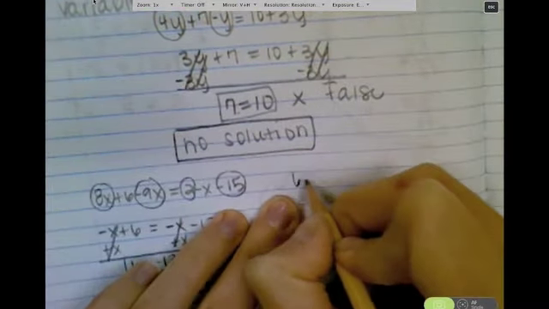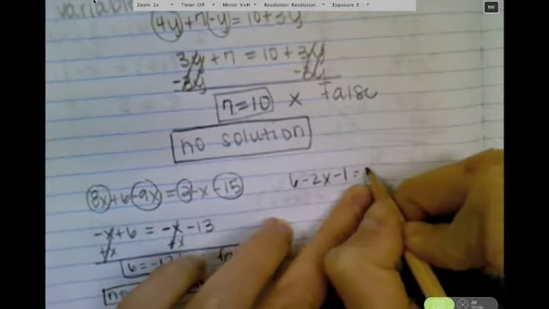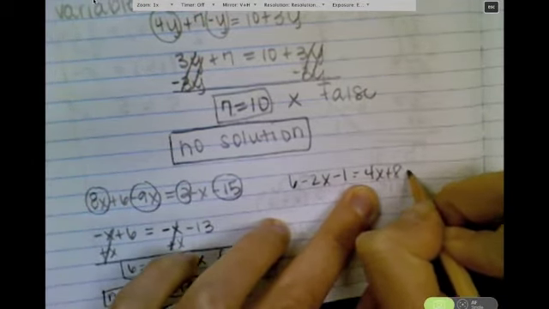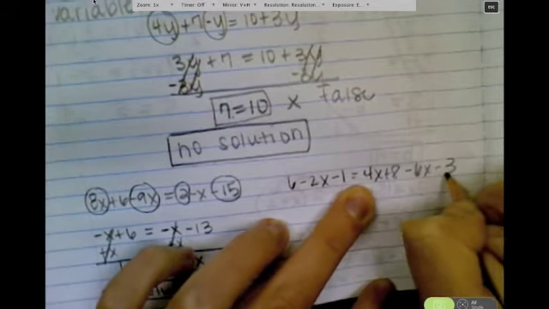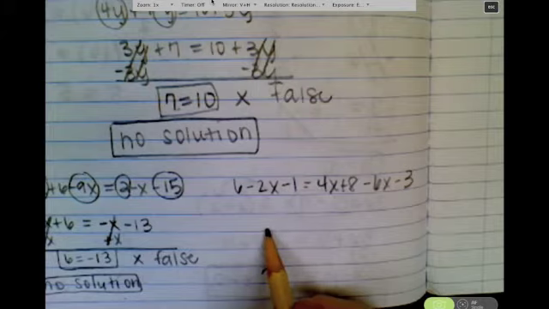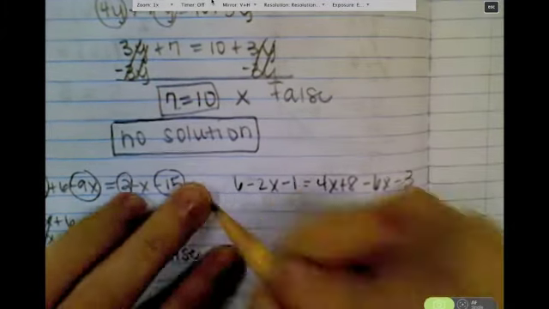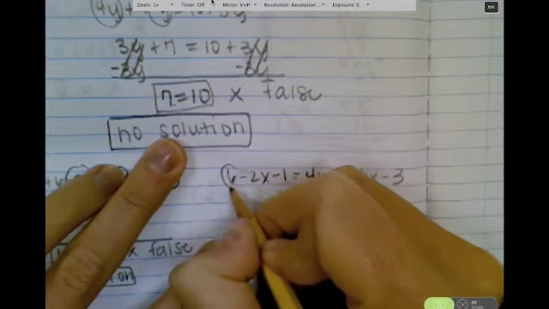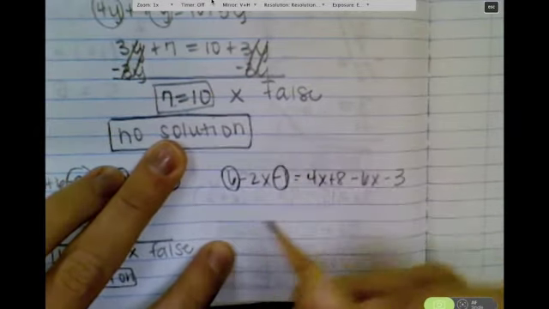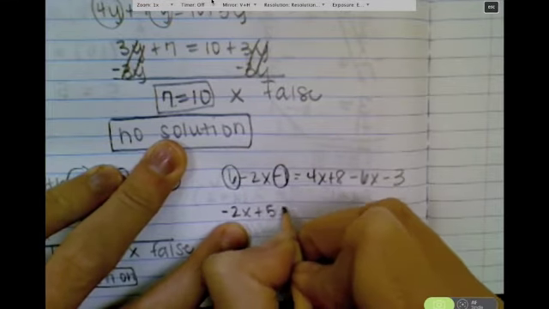Okay, how about 6 minus 2x minus 1 equals 4x plus 8 minus 6x minus 3. Okay, always simplify before you solve. So on the left-hand side, what can you do to simplify? You can simplify by combining positive 6 and negative 1, which would be positive 5.